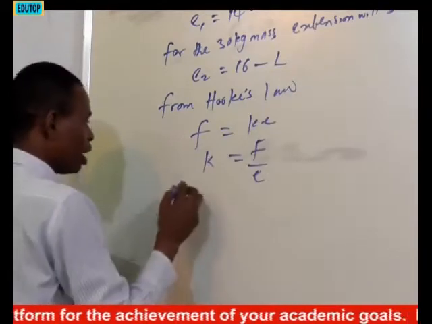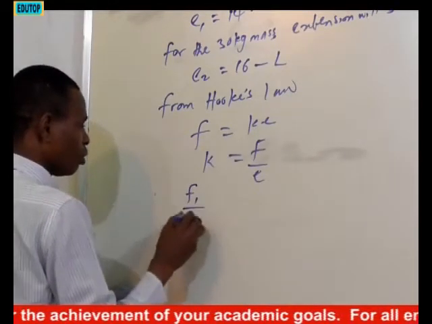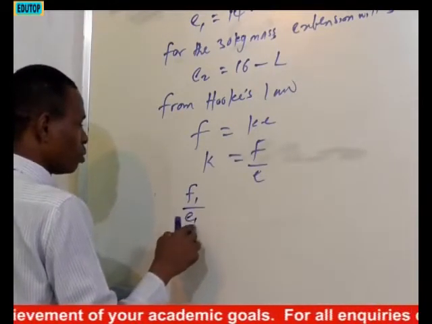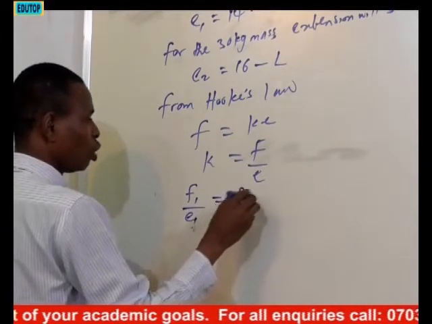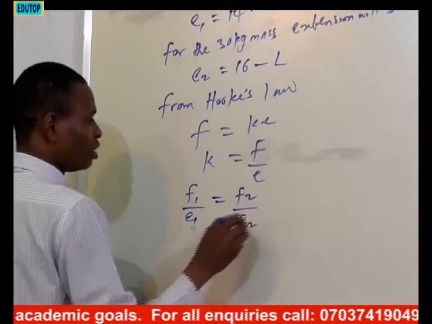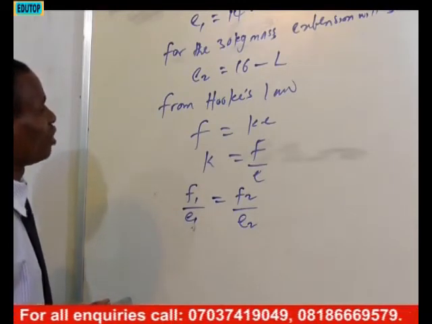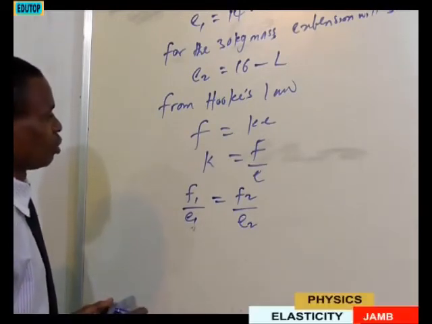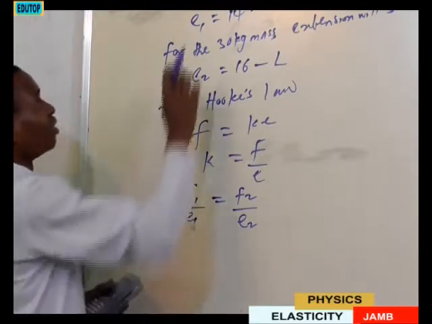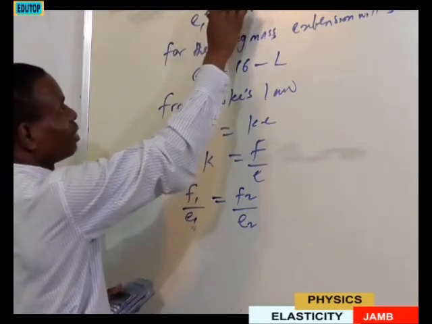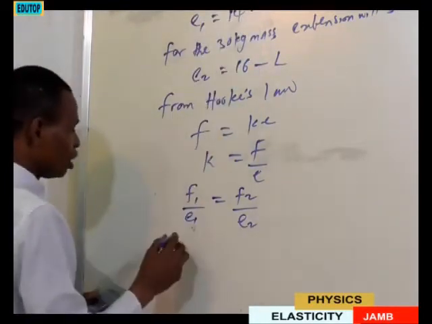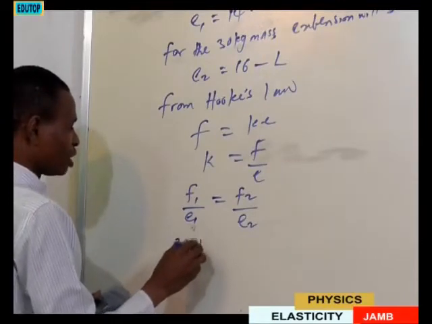Okay, which is going to be F1 over E1 will be equal to F2 over E2. That is what we are having here. Okay, for F1, that is our first mass, is going to be 20 times 10.